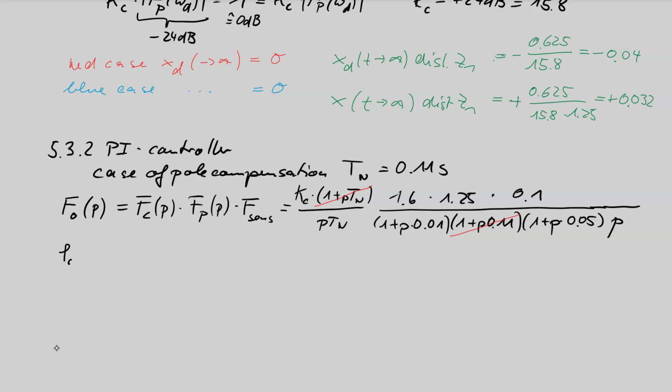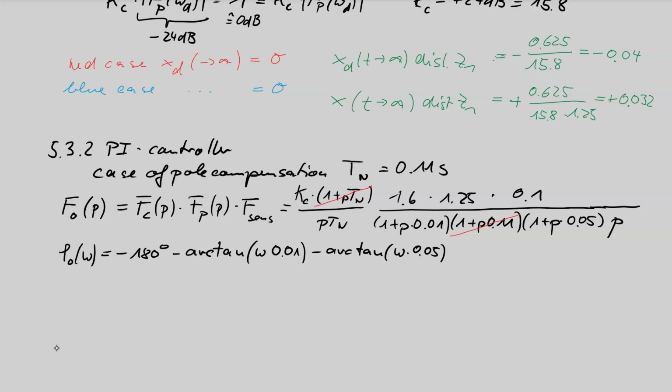Look at the phase. The open loop phase phi can be calculated from this transfer function as the phase of the numerator, 0, subtracted by the phase of the denominator. Here we have 2 p's, this gives minus 180, and now both PT1s also give negative values: arctangent omega times 0.01 minus arctangent omega times 0.05.